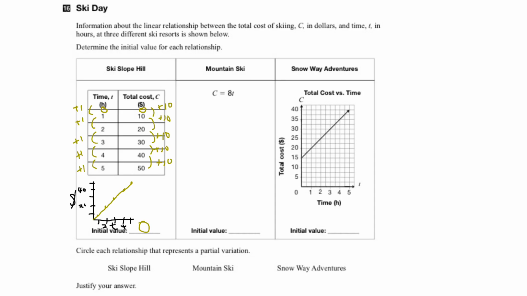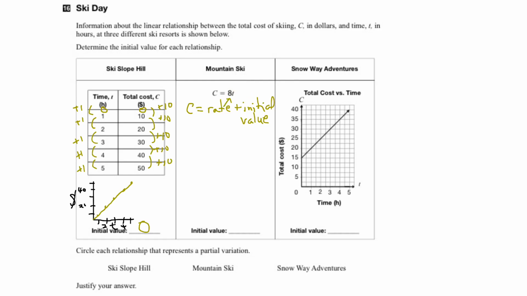Alright, so let's take a look at the second option, mountain ski. Here we're given an equation. So we know that in general, cost here, or any linear relationship, would be given by rate plus the initial value. Well, if we look at this equation here, the rate is the 8t part.